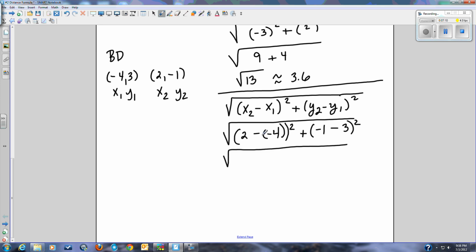So let's simplify this. We have two negatives to make a positive, so we have 6 squared. And we also have -1 minus 3 is -4 squared. Well, 6 squared is 36. -4 squared is 16. So if we add 36 and 16 together, we end up with the square root of 52.